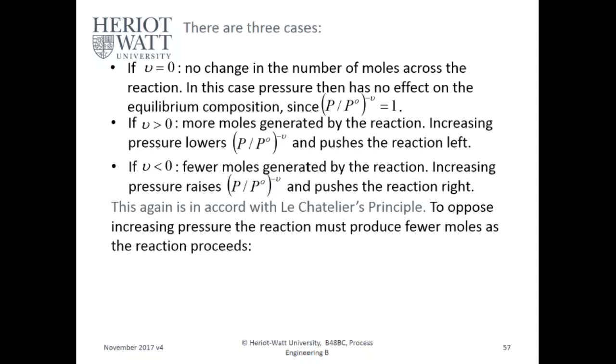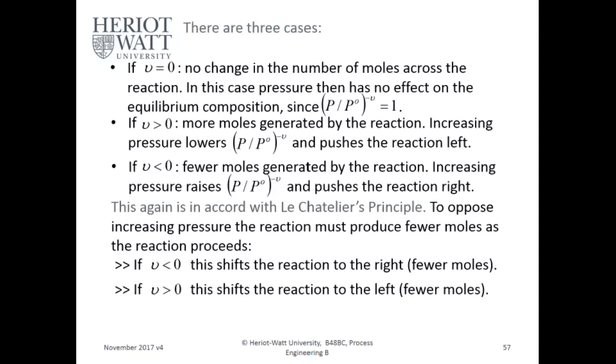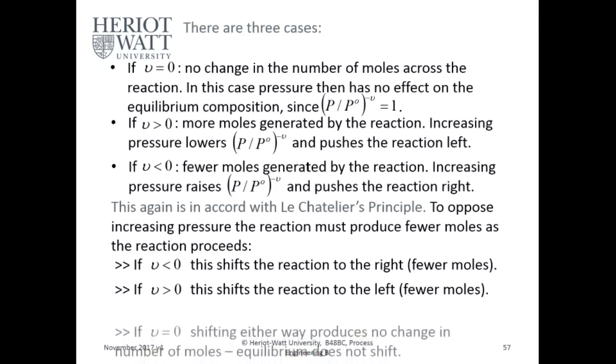To oppose increasing pressure, the reaction must produce fewer moles as the reaction proceeds. If V is smaller than 0, this shifts the reaction to the right, so fewer moles. If V is larger than 0, this shifts the reaction to the left, fewer moles.